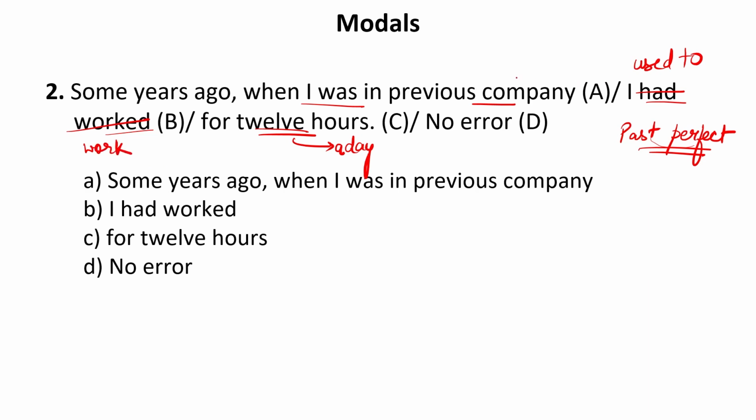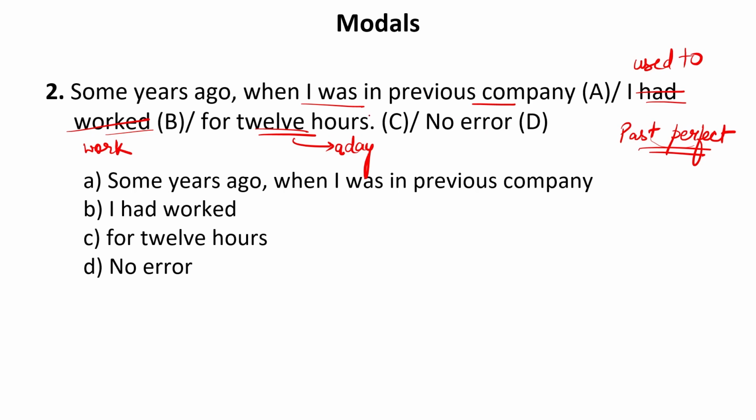This phrase, used to work, shows the past actions or the past habits that we used to do. So the correct sentence will be: some years ago when I was in previous company, I used to work for 12 hours a day.